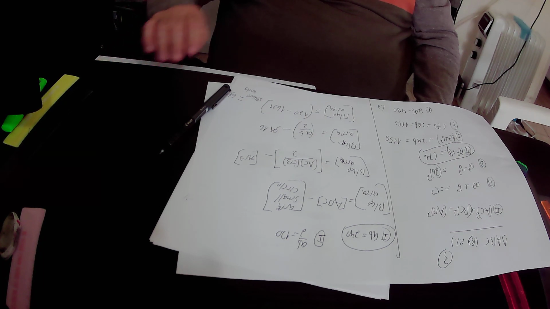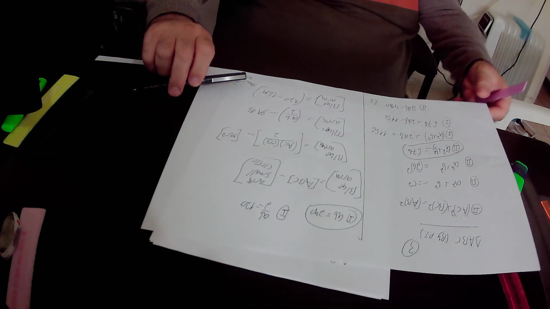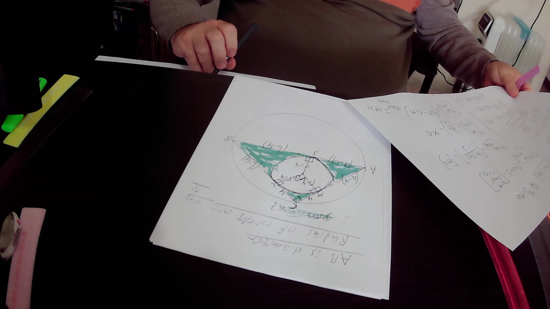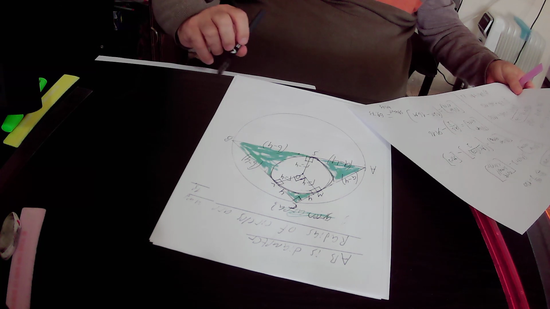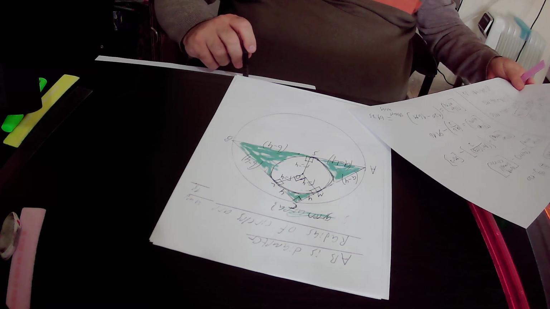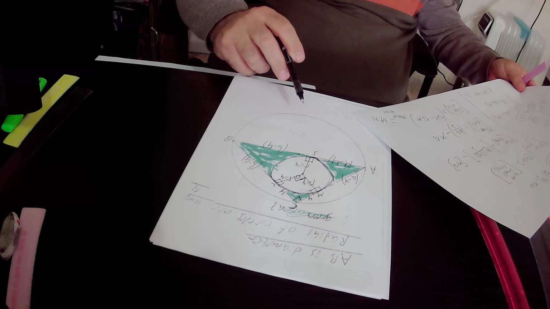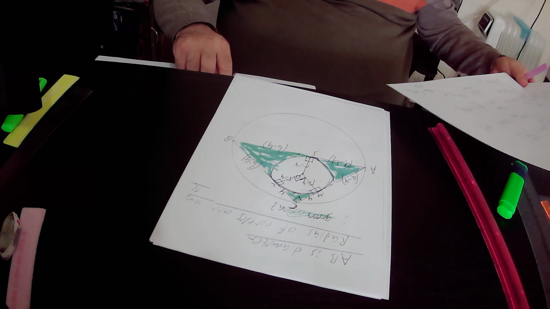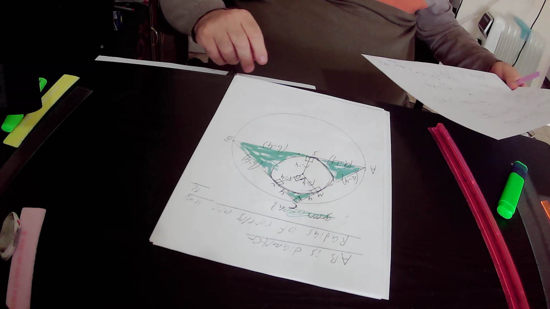So the area of the blue area equals either 120 minus 16 pi square units, or in terms of numbers, it equals 69.73 square units. Okay, so we finished with the first question.